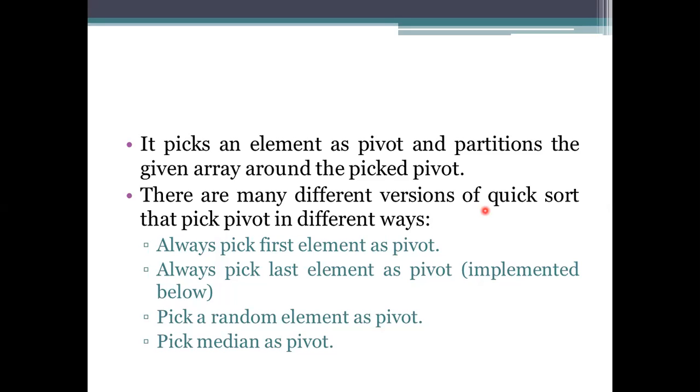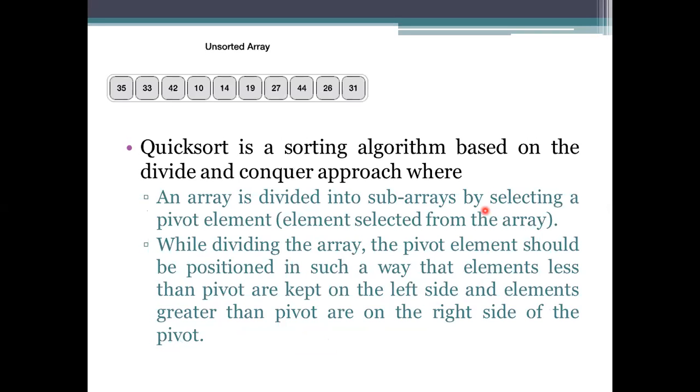Random means not only the first one and the last one, but any of the elements can be considered. The fourth method is calculating the median, and based on the median value, you take the pivot element into account.